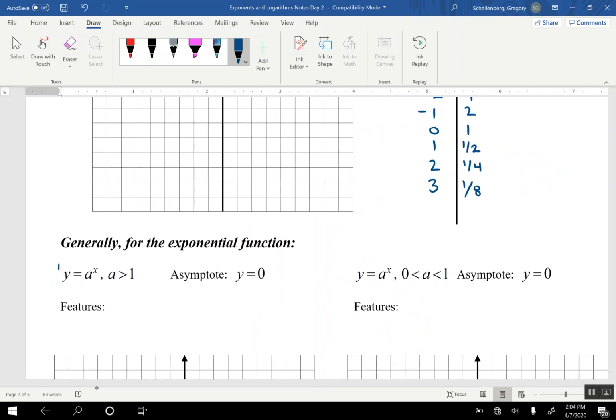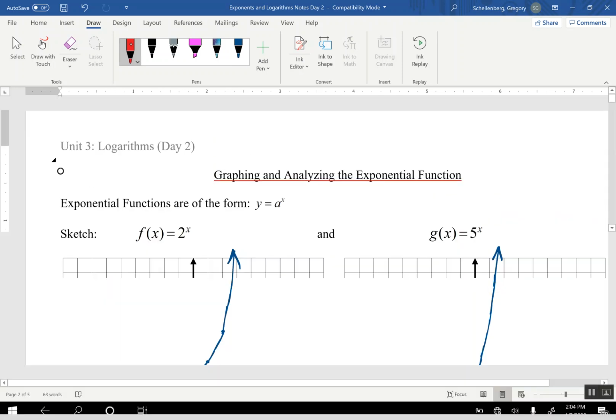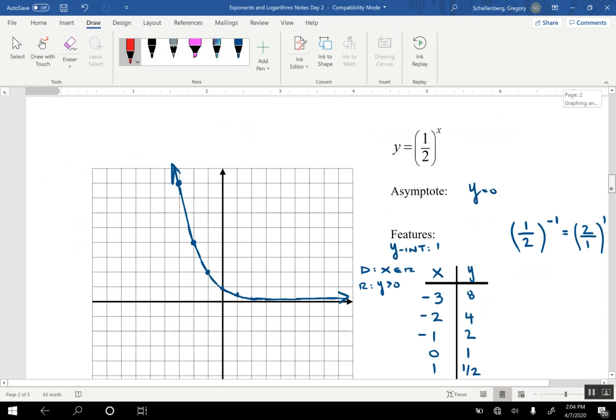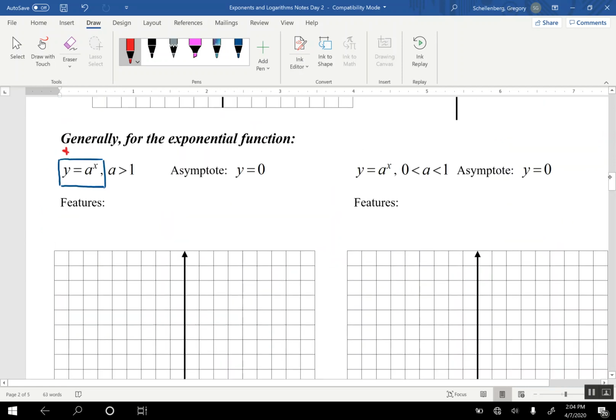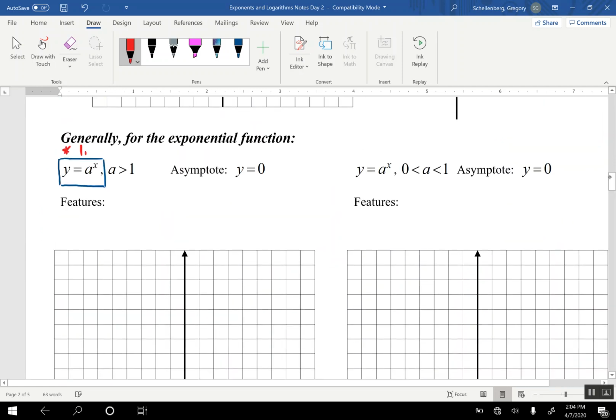Okay, let's have a look at this. Y is equal to a to the x. The base here is a. Okay, if the base is greater than 1, so the first two examples we looked at are this scenario, we had a base of 2, we had a base of 5, we call these increasing exponential functions.